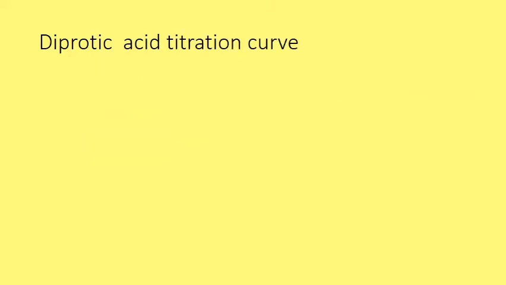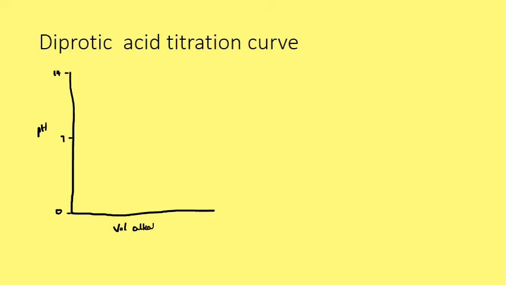So let's draw a titration curve for a diprotic acid and a strong alkali. As usual in our titration curves, we're going to have pH on the y-axis and volume added on the x-axis. Roughly like that. We're having the ethanedioic acid in our conical flask, and we're going to add the sodium hydroxide to it.